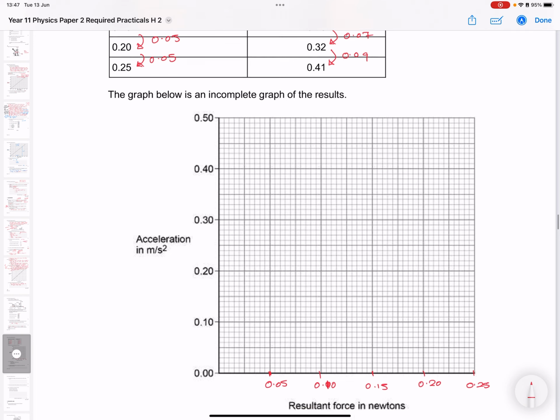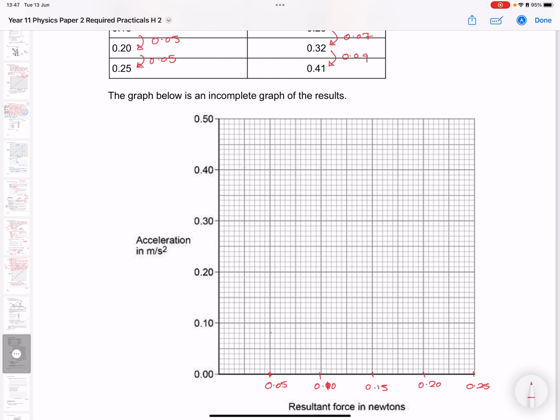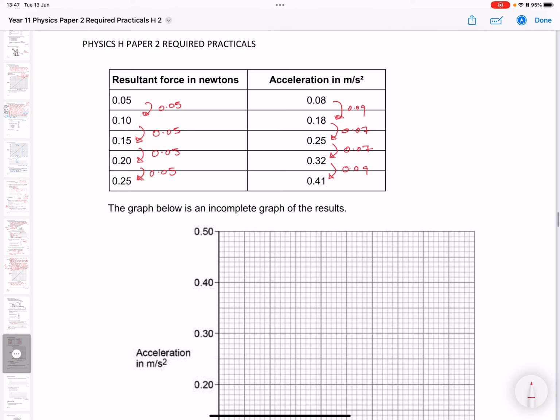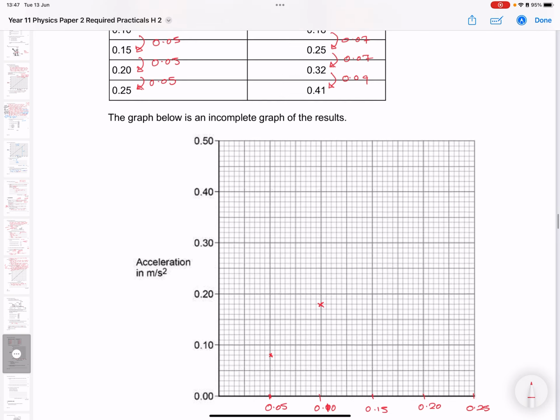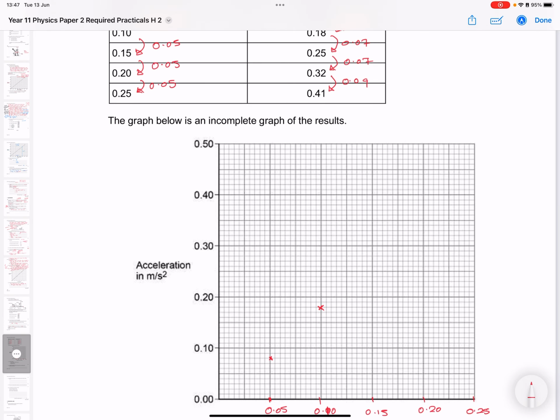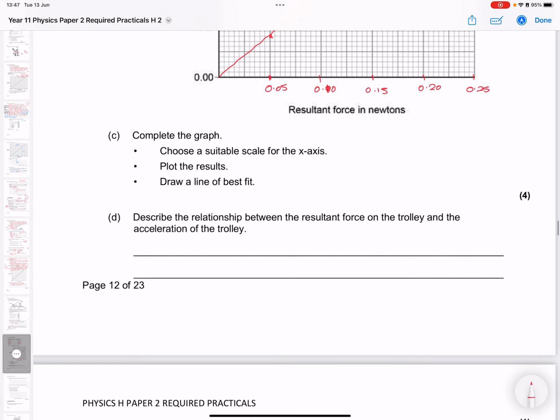For 0.05, 0.08 is going to be here. 0.18 is here. 0.25 is going to be here. And 0.32 is going to be here. And 0.41 is going to be here. So more or less, the best fit line has to go through most of the points. So if we draw a graph like this, you should get the marks.